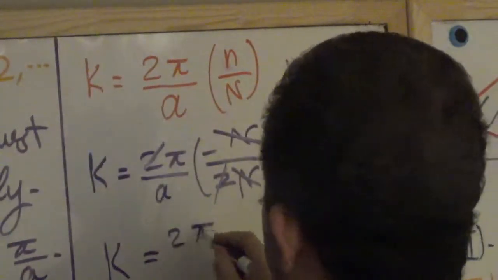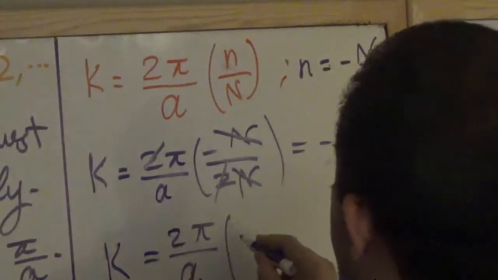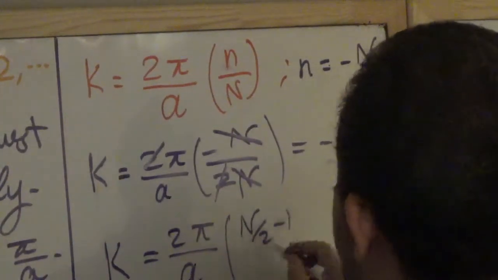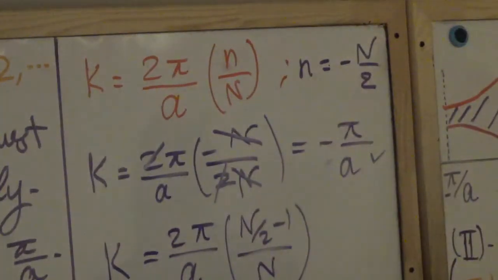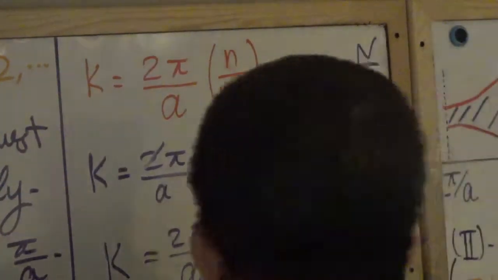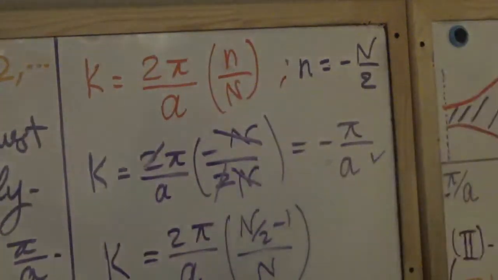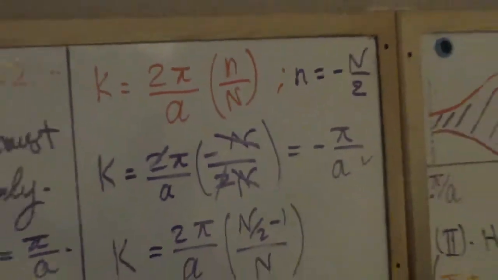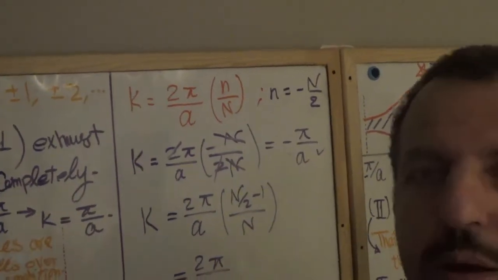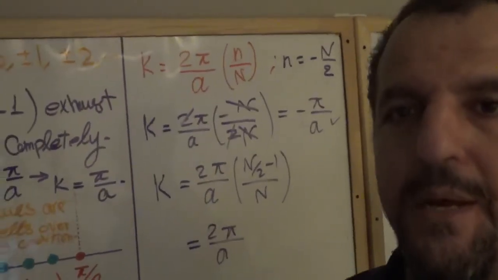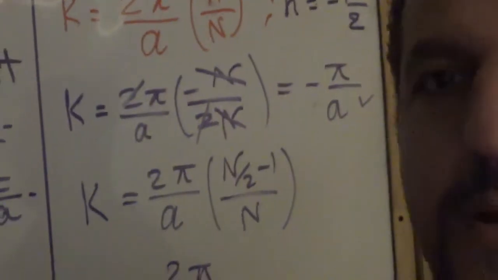Now I will move to the other k value. So we have 2 pi over a, and what do we have here? We have N over 2 minus 1 divided by N. Maybe I need to go a little bit back so you see what I'm doing.